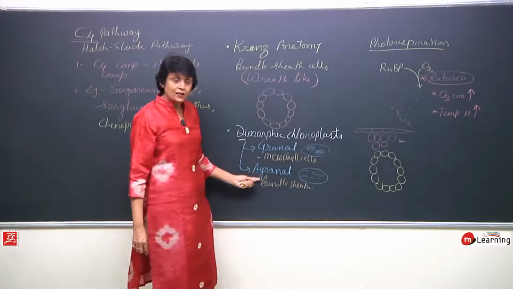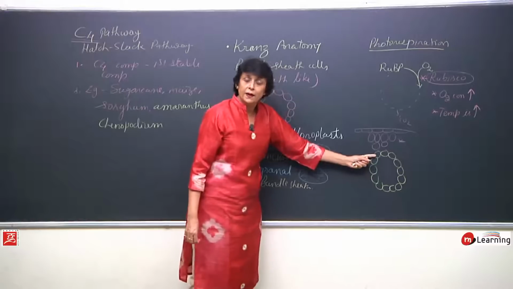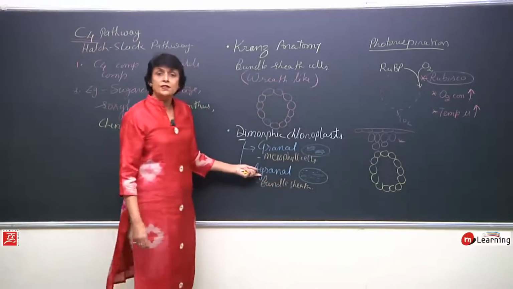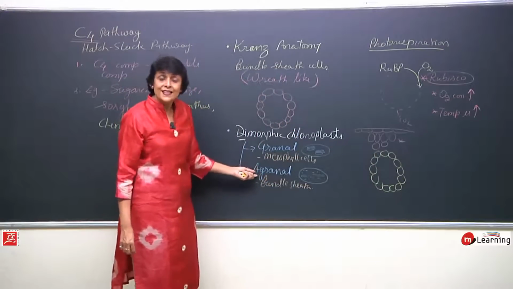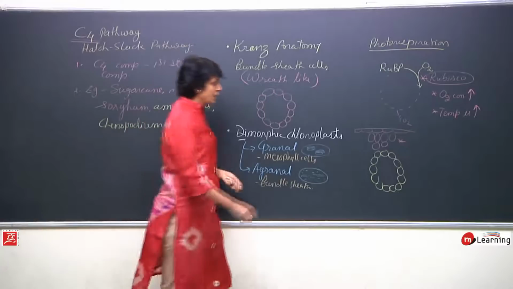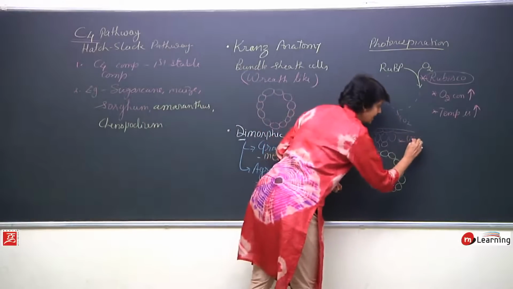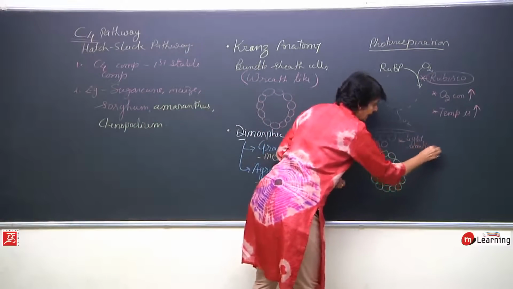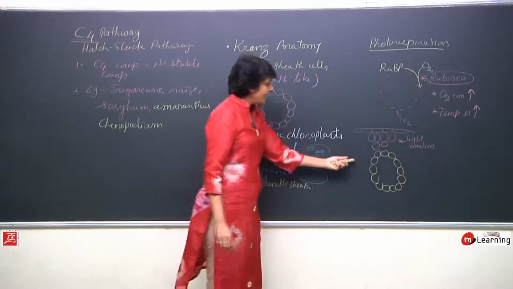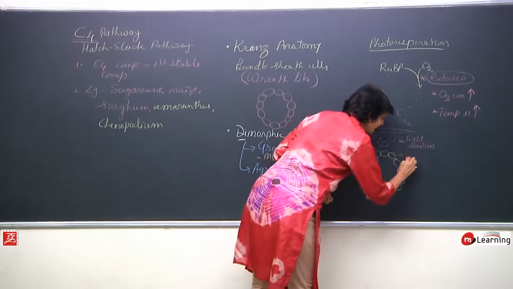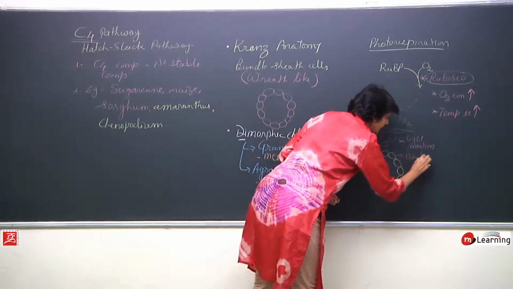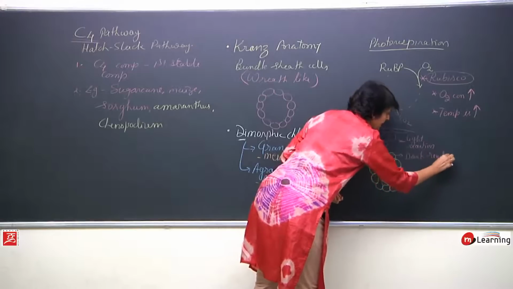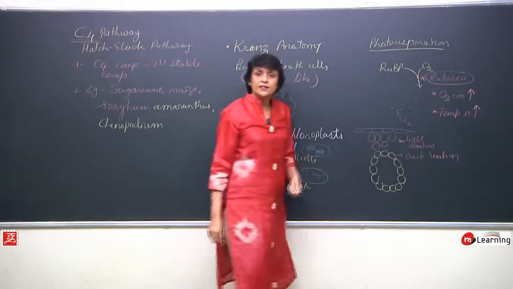And agranal chloroplasts are present in the bundle sheath. Agranal means there is no chlorophyll, so here the dark reaction will take place. So the site of light reaction is the mesophyll, whereas the site of dark reaction is the bundle sheath.